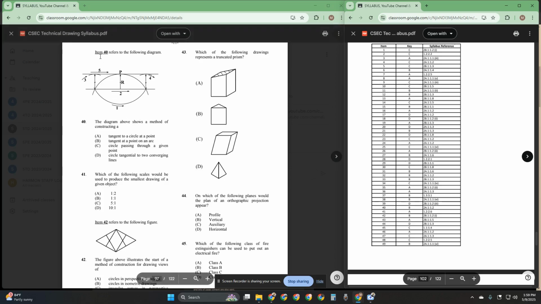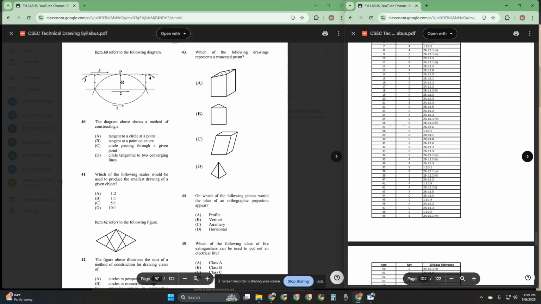Number 40. The diagram above shows a method of constructing a tangent to a circle at a point, a tangent at a point on an arc, a circle passing through a given point, or a circle tangential to two converging lines. Number 40B, it's a tangent at a point on an arc.